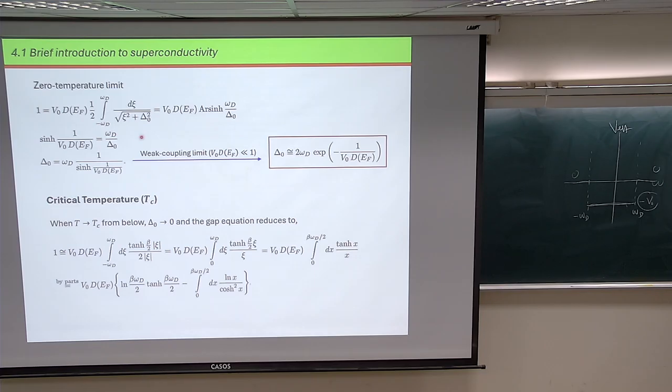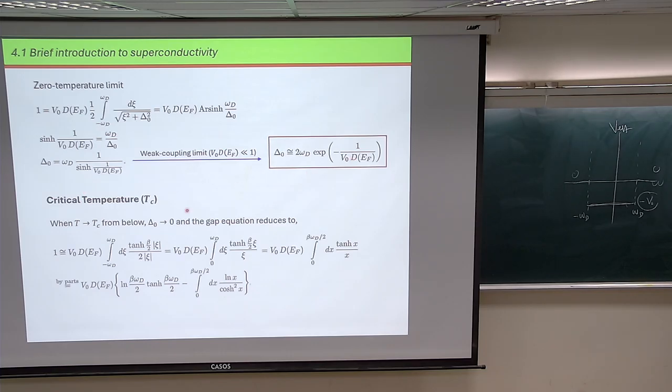On top of that, if you are in the weak coupling limit, meaning that the electron-phonon interaction is weak, then this hyperbolic sine you can approximate like this exponential. So you can use this expression for estimating the superconducting gap of the material if you know the Debye frequency, the Fermi energy, and the electron-phonon coupling.